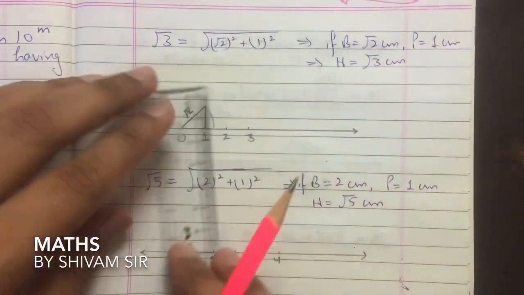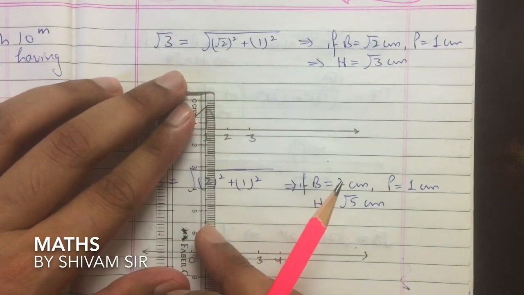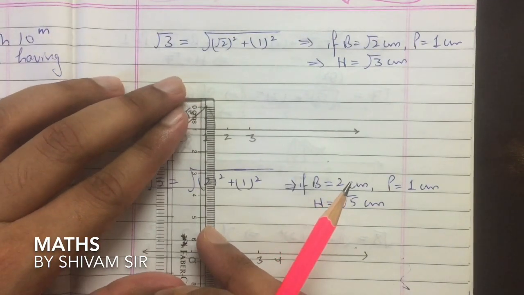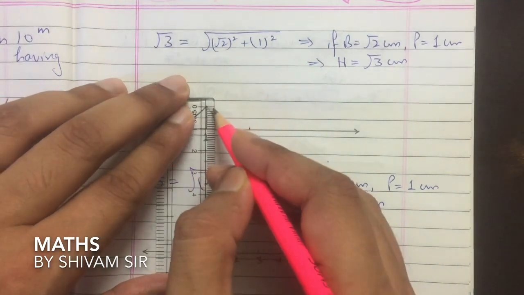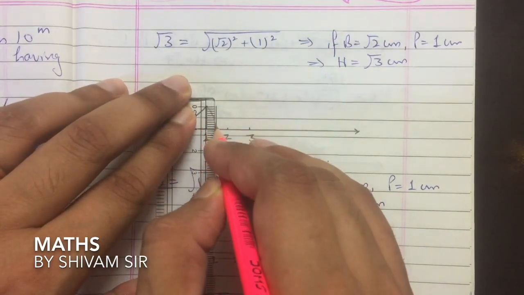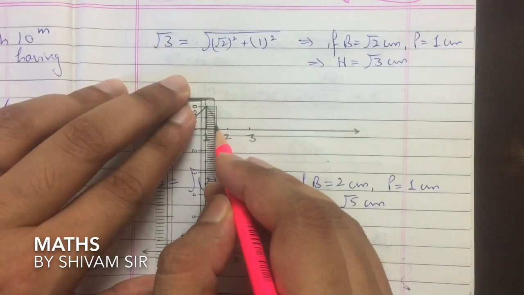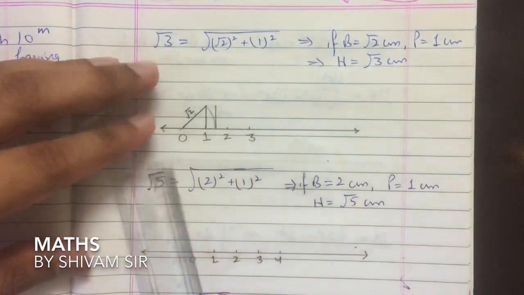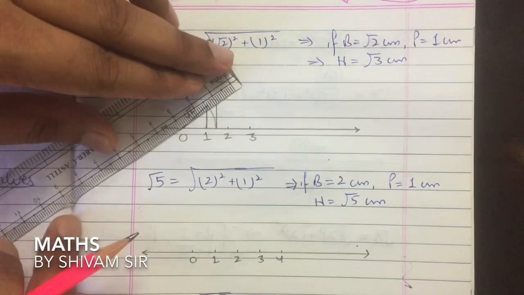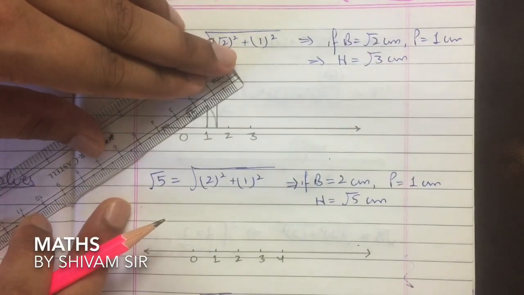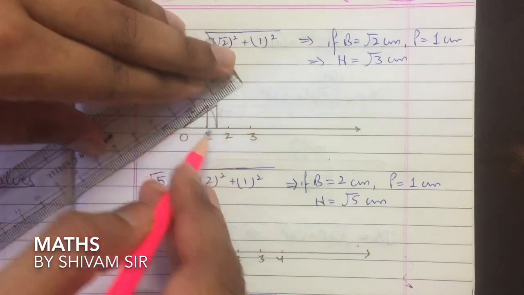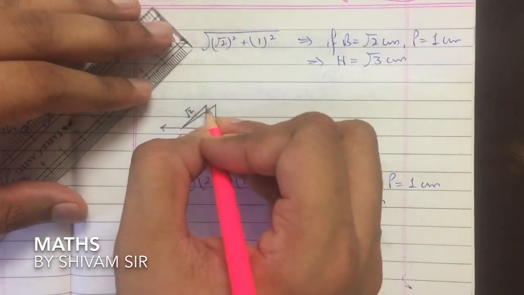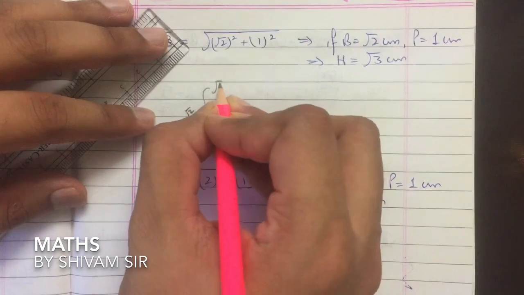So this is 1 unit perpendicular on root 2. Join this point with origin. So the hypotenuse so obtained will be of root 3. So this hypotenuse is of root 3 distance.